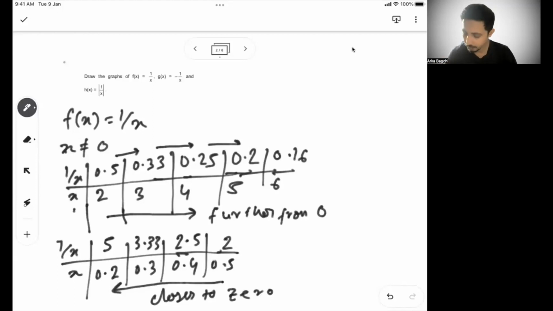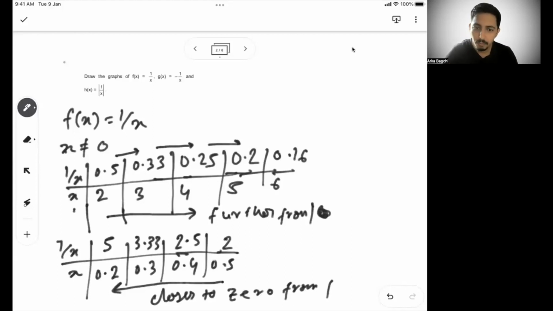If I'm going more than 1, further from 1, not 0, let's say further from 1, or closer to 0 from 1. If I'm going further from 1, my values are decreasing slowly. The rate of change is slow.